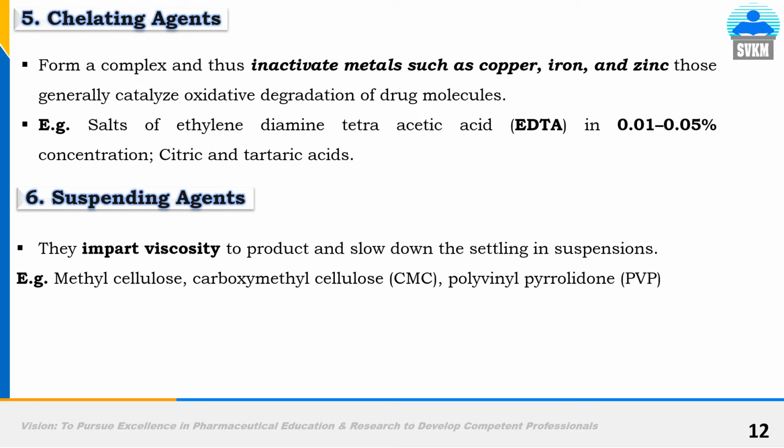Another additive is suspending agents. These impart viscosity to the product and slow down settling in suspension type parenterals. Examples of suspending agents that can be utilized are methyl cellulose, carboxymethyl cellulose and polyvinyl pyrrolidone.